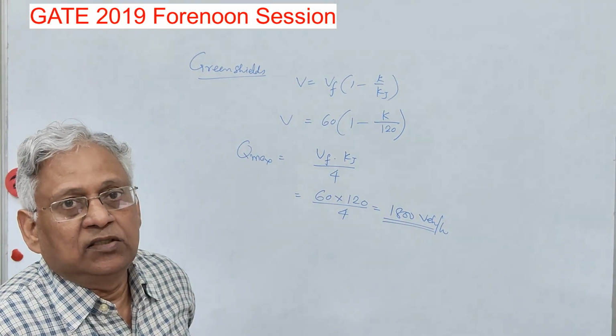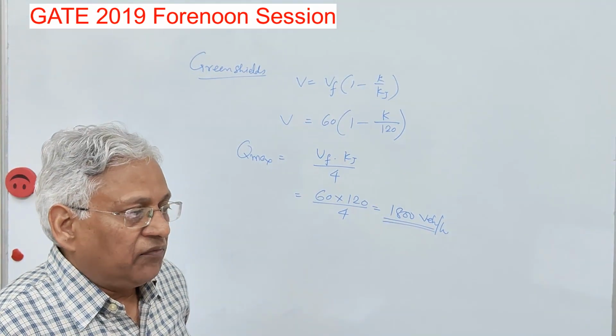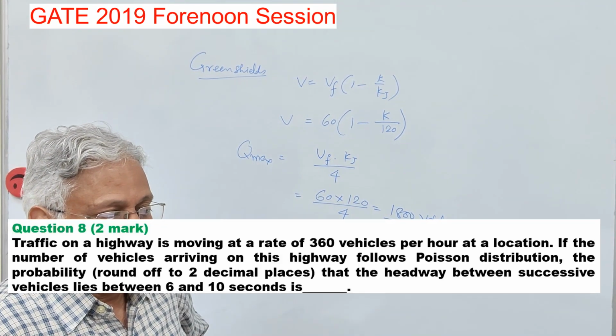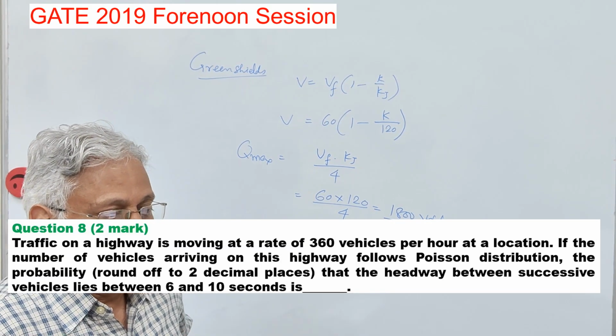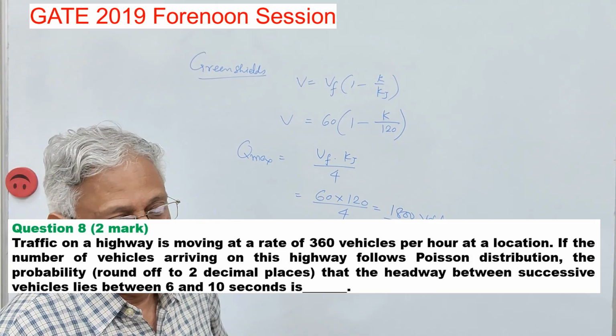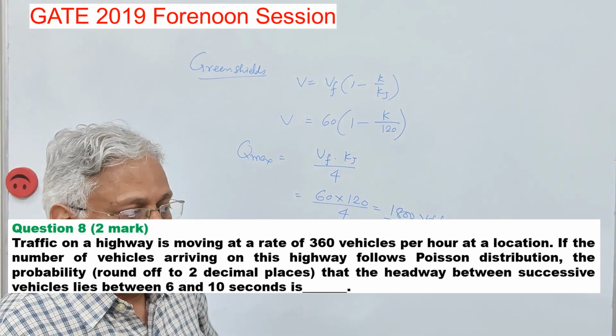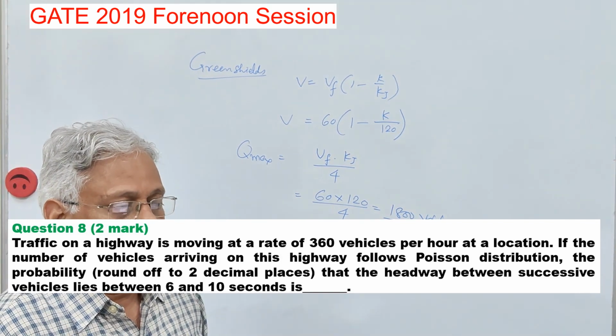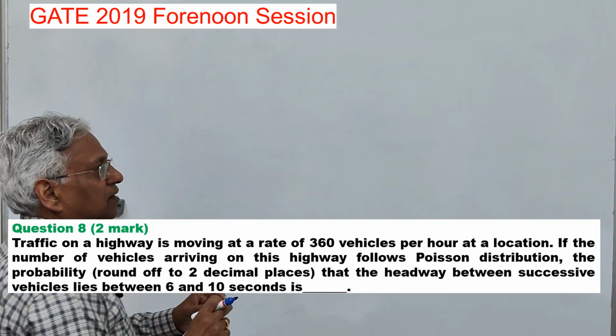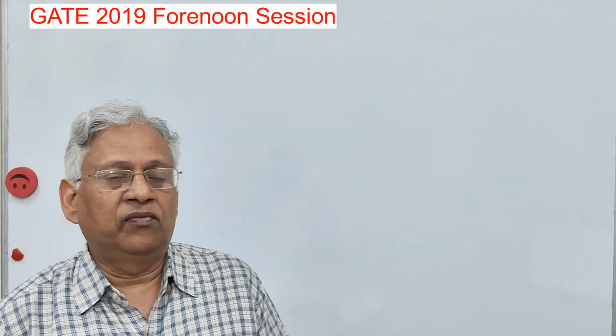The next question, which is also of 2 marks. Traffic on a highway is moving at a rate of 360 vehicles per hour at a location. If the number of vehicles arriving on this highway follows Poisson distribution, the probability that the headway between successive vehicles lies between 6 and 10 seconds is. When the vehicle arrival follows the Poisson distribution, that is a random phenomenon, the inter-arrival time, that is headway, will follow exponential distribution.